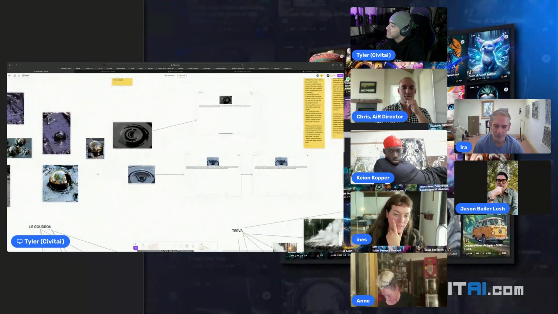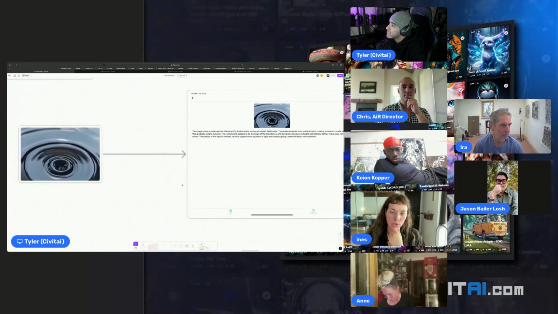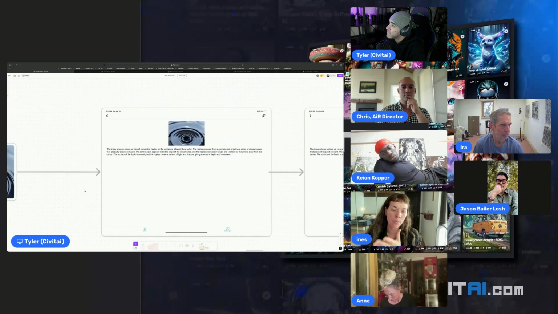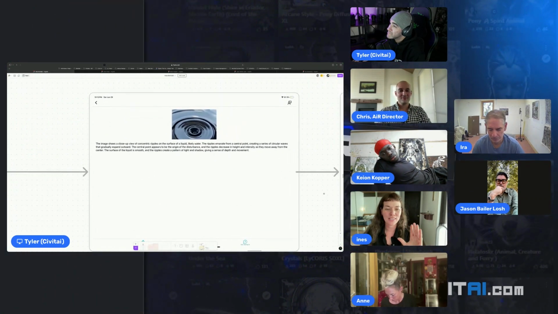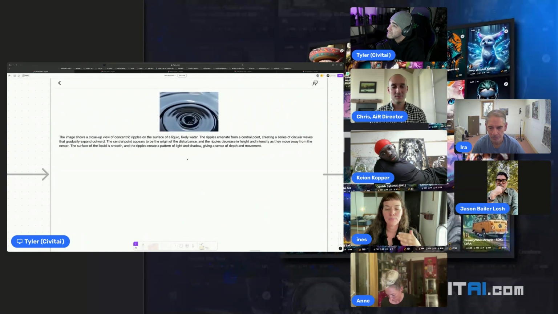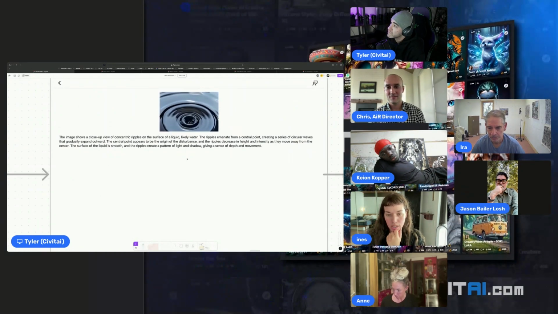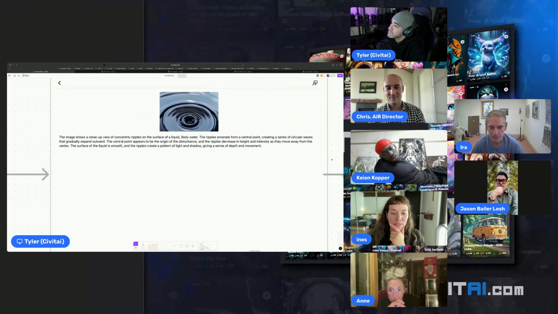What I'm really interested in, going back to it, is when does the AI kind of break? When does the seam come through? The mistranslation is where I find it interesting.